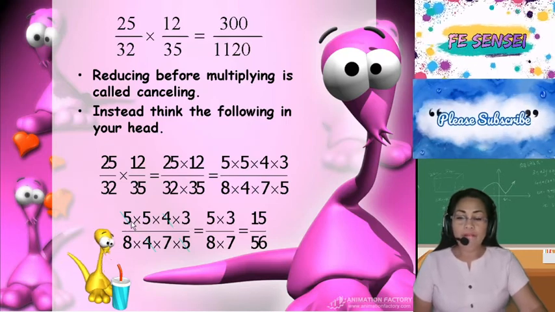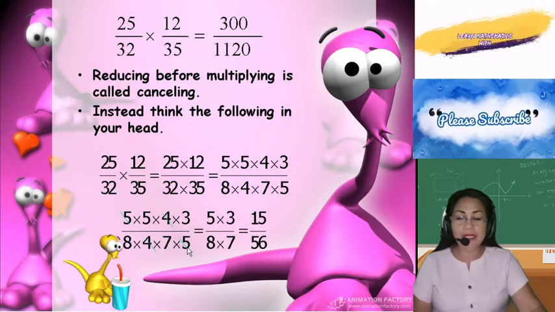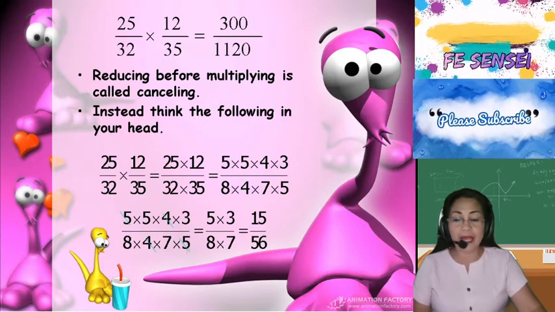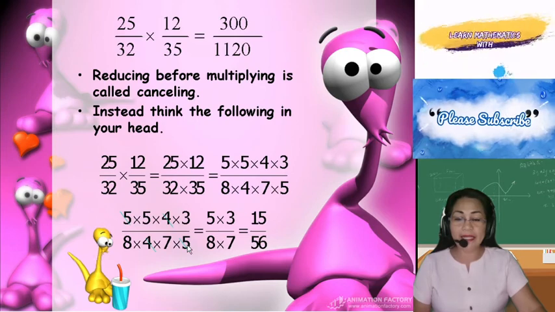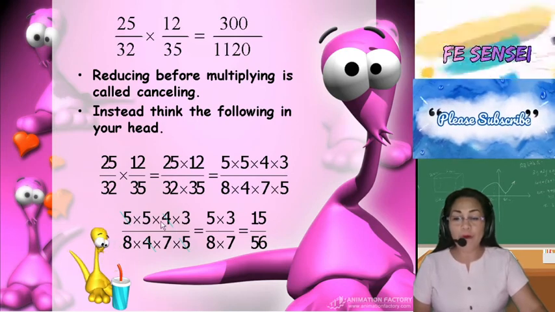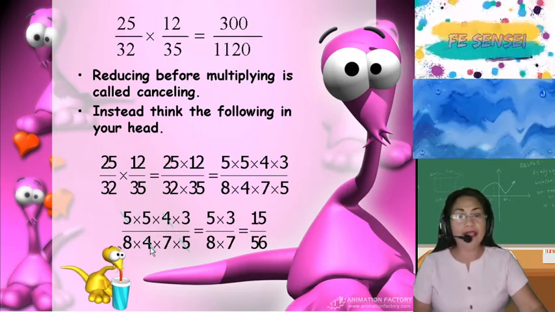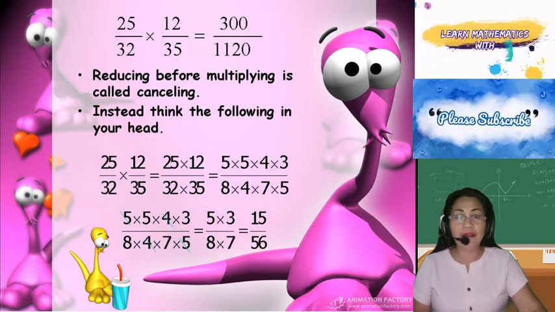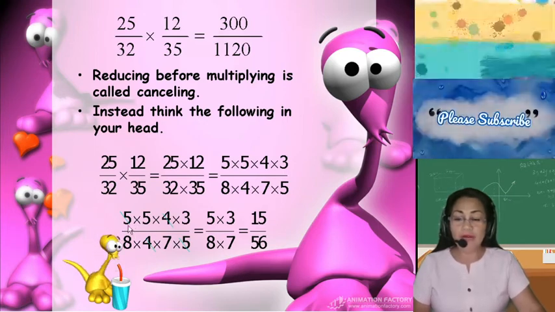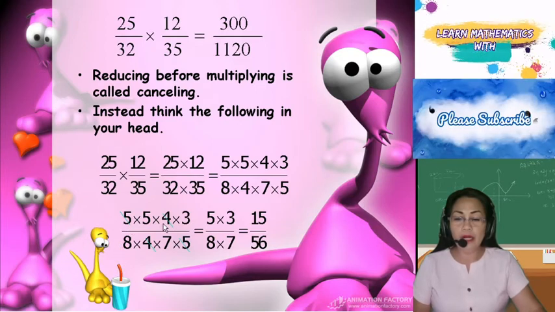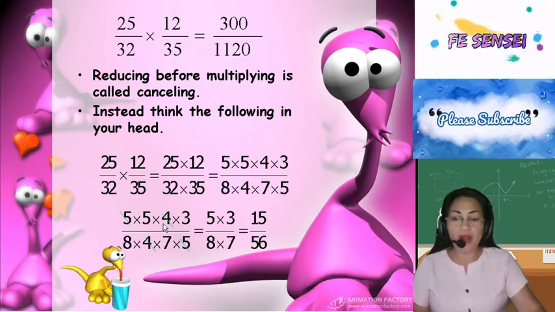So, 5 and 5 can be divided by 5. So, this is 1. Then, 4 and 4 can be divided by 4. So, this is also 1.